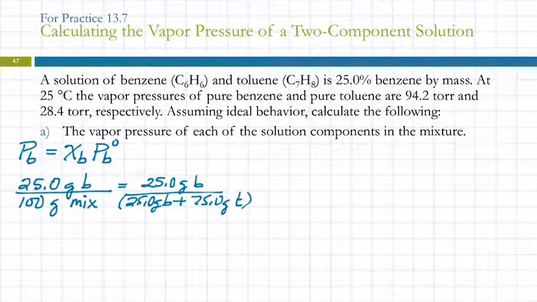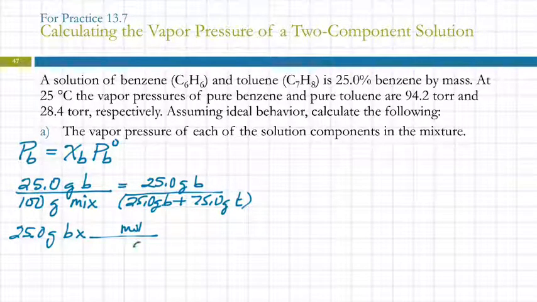So I need to convert grams of benzene to moles. So I need the molar mass. They gave us the formulas there. 6 times the mass of carbon plus 6 times the mass of hydrogen: 78.11 grams per mole.